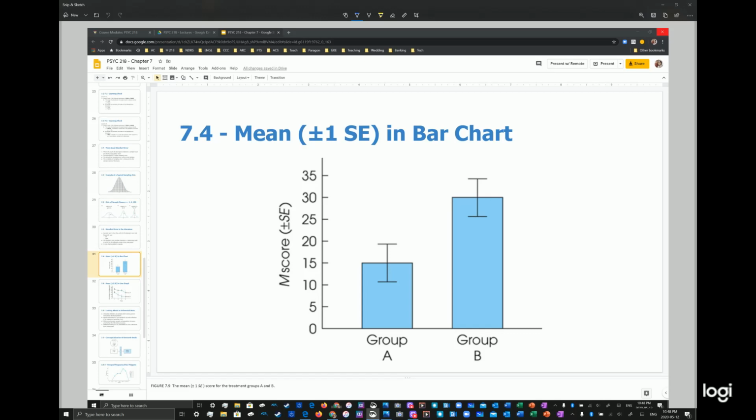If you got the means here at 15 and these are plus or minus 1 standard deviations away, you can see there's no overlap between them, and therefore these groups look different.